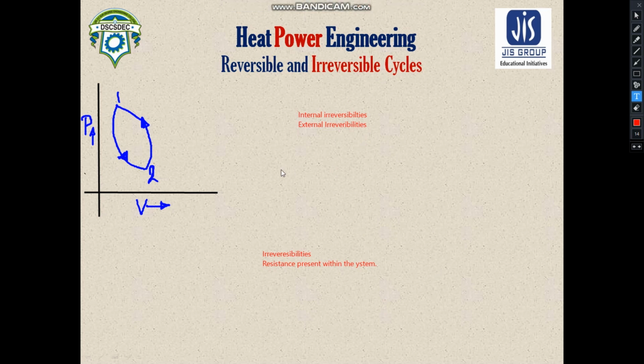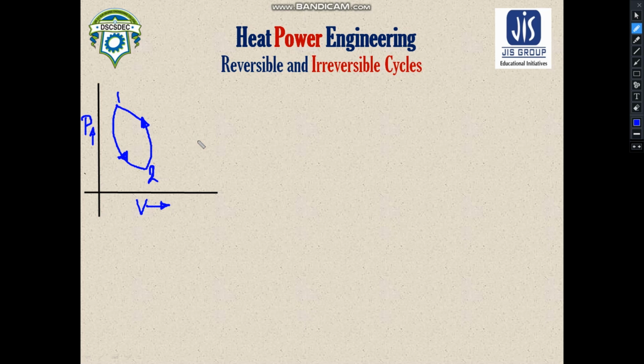Okay. Now coming to the definition of reversible process. From the definition of cycle, we have already understood that a collection of processes where the initial condition and the final condition for the system are exactly the same, we can call a thermodynamic cycle. Now, a reversible process is something where both the system and the surroundings need to be brought back to the initial condition.